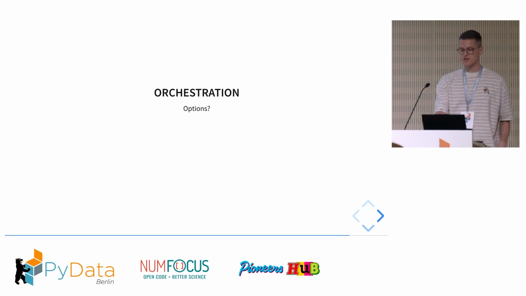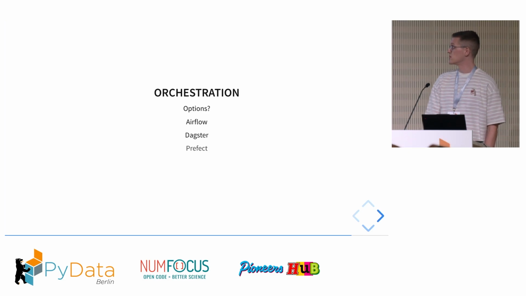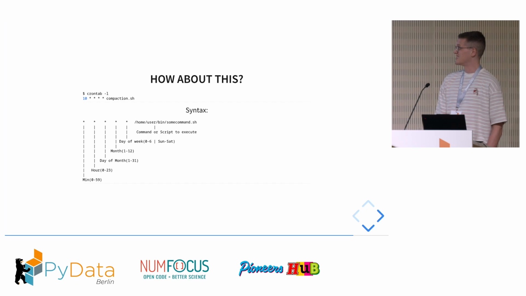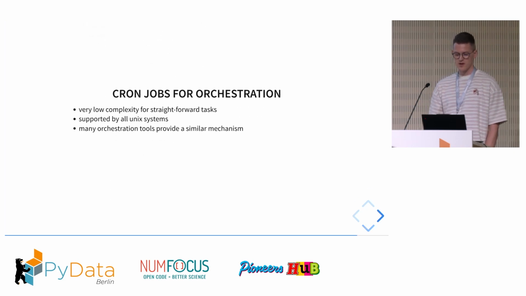For orchestration as the last part, we have a few options. We can use all these regular workflow orchestrators. In my experience, this is also very valid for very simple use cases at least. I probably wouldn't stretch it too far, but getting started, this leaves you without any additional infrastructure. A cron job has very low complexity for straightforward tasks.